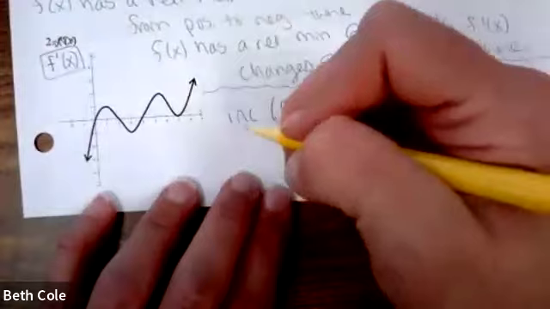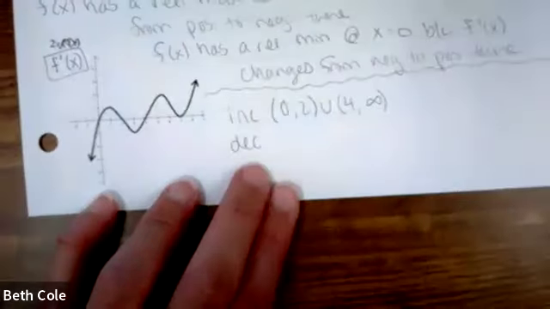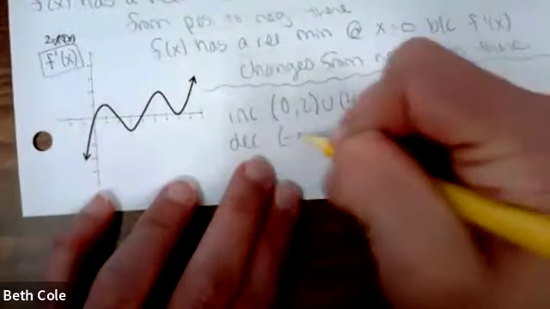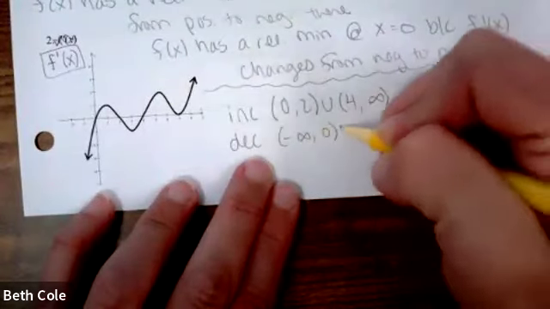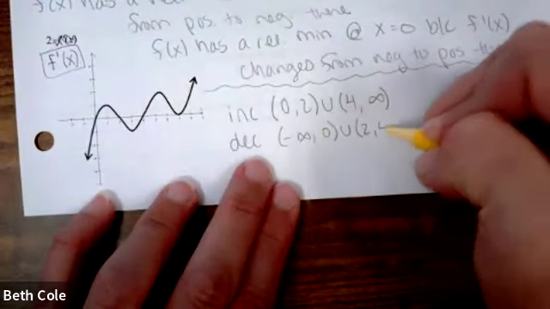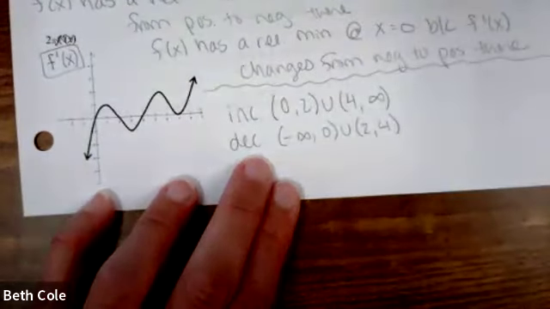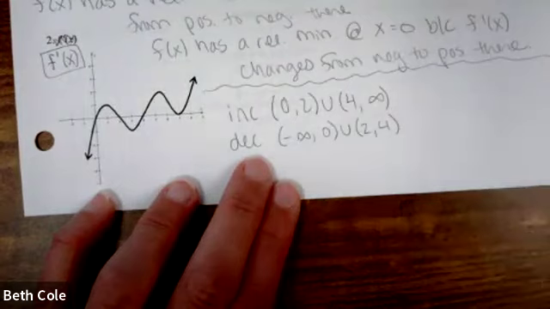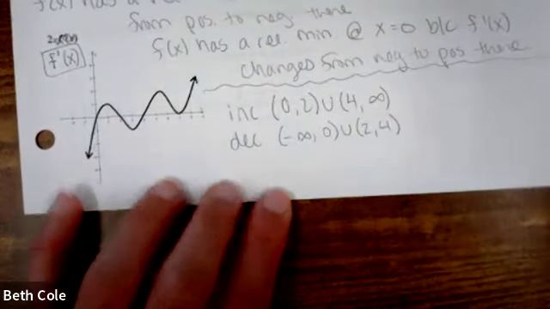f of x is decreasing on negative infinity to 0, union 2 to 4, because f prime is negative there. Good job.